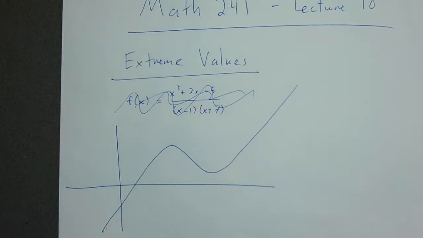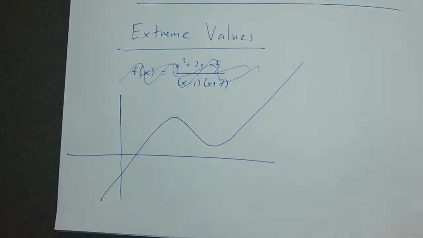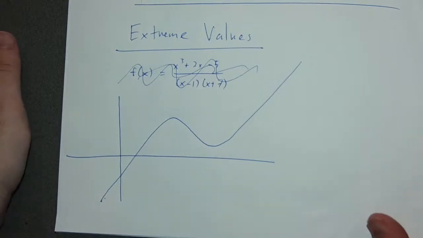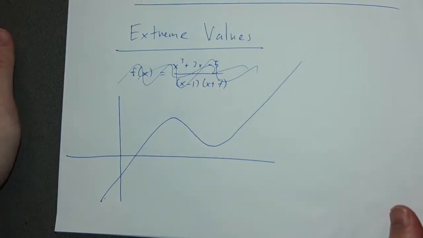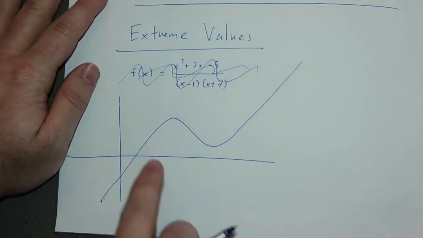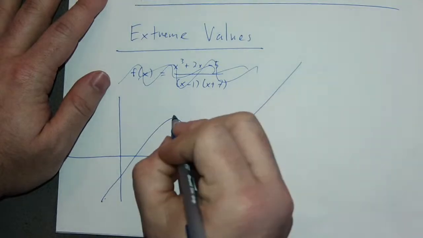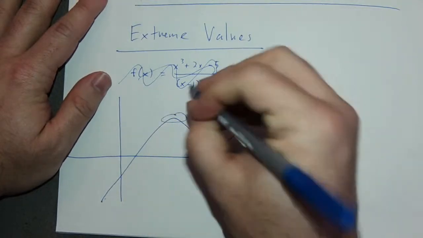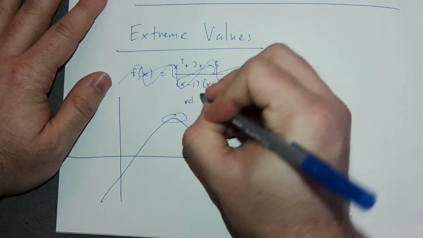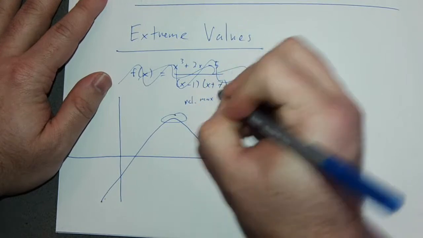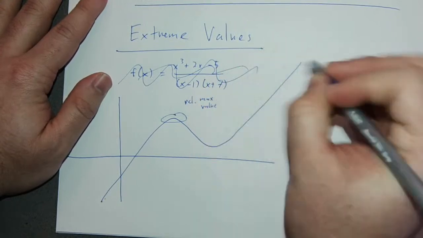Okay, there's my function. Now, just to refresh your memory on some of the terminology here, what would you call this point? This point would be the relative max value for my function f.